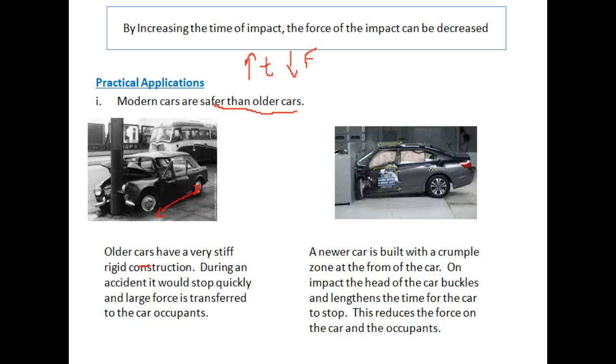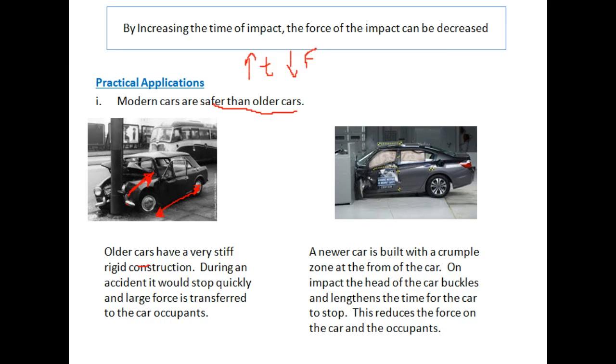The problem being here is that it took much less damage than a newer car, and during an accident it was stopped very quickly and the force was transferred to the driver. So the car comes to a stop very quickly. All the force of the impact is driven back to the driver.